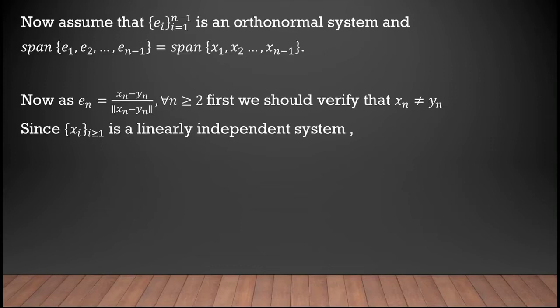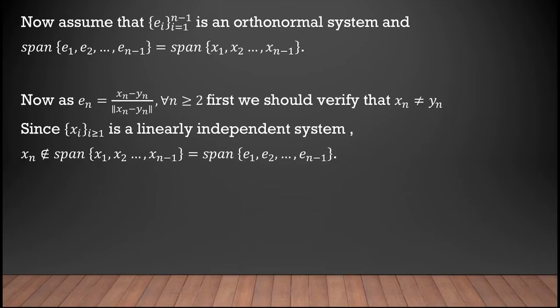So what is xn? We are given that xi, where i greater than or equal to 1, is a linearly independent system. If it is a linearly independent system, any subset of this collection is a linearly independent set. So x1, x2, etc., xn is a linearly independent set. So you cannot write xn as a finite linear combination of x1, x2, etc., xn minus 1.